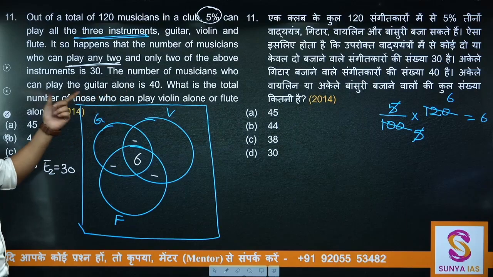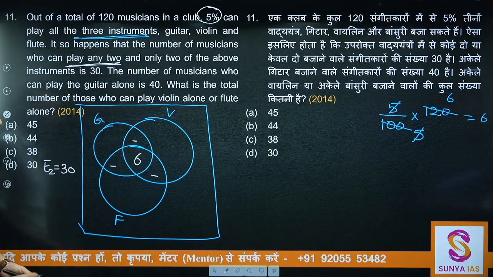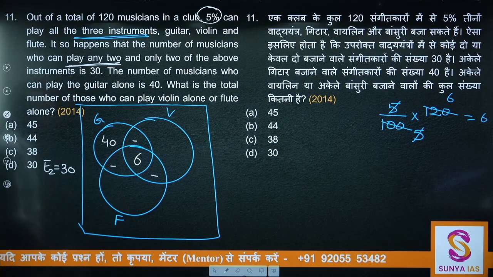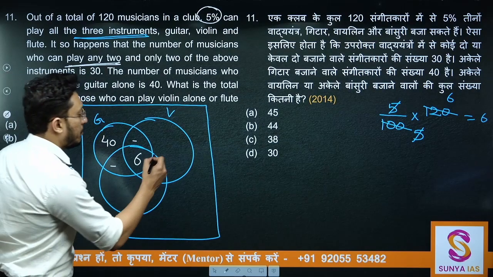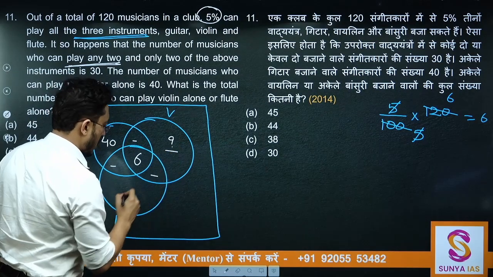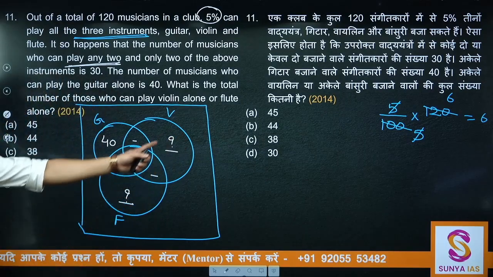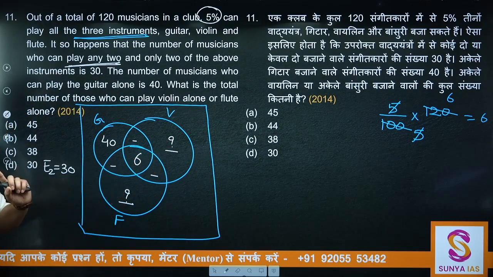The number of musicians who can play guitar alone is 40. This is given as 40 here. What is the total number of those who can play violin alone or flute alone? That means we need this and this data combined, this alone and this alone.